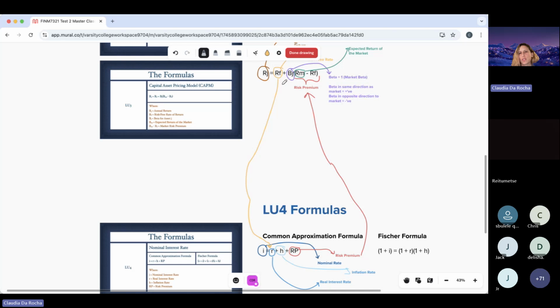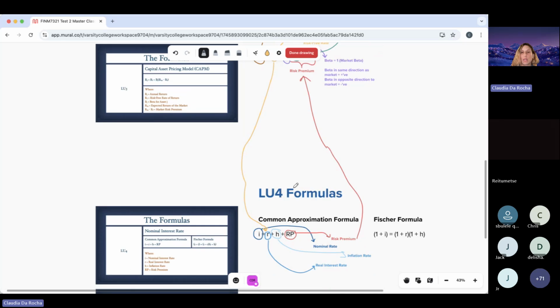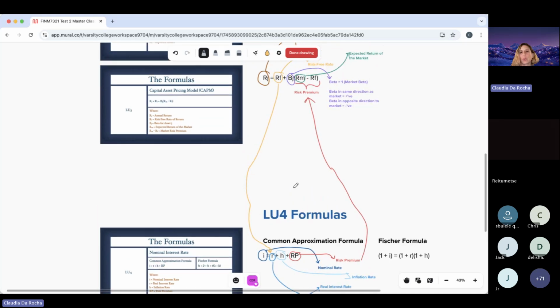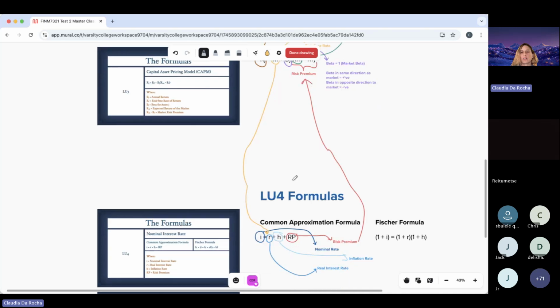So those are the same numbers. Here we've got inflation. The inflation's not really taken into account. It's sort of taken into account with your beta, but not really. And then you've got your expected return or your nominal rate here. So just to understand, your risk premium, your risk-free rate and your real interest rate are the same numbers. If you get a question where there's a combination of items and they're asking you to use one or the other formula, these are the similarities.